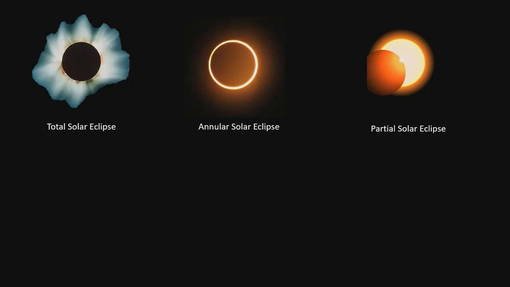Annular solar eclipse, on the other hand, is a condition where the moon is far away from the Earth, and therefore the moon disk cannot totally cover the disk of the sun. Thus, it produces the effect called annulus. While in a partial solar eclipse, the moon disk only covers a portion of the disk of the sun.